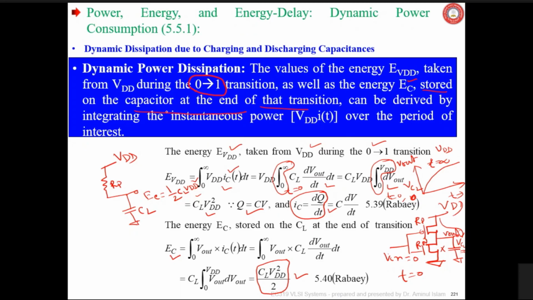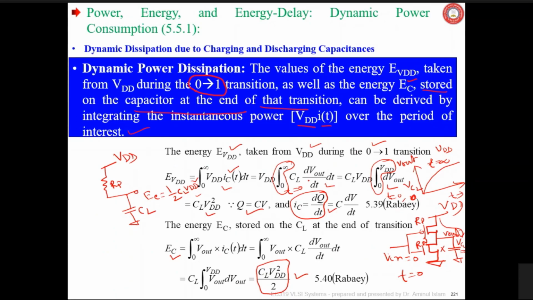It can be derived by integrating the instantaneous power, VDD into i(t), time dependent. Remember that MOSFETs are going to change from cutoff to linear to saturation. So every region has a different current passing through it, and currents are not constant, so it is time dependent over the period of interest.